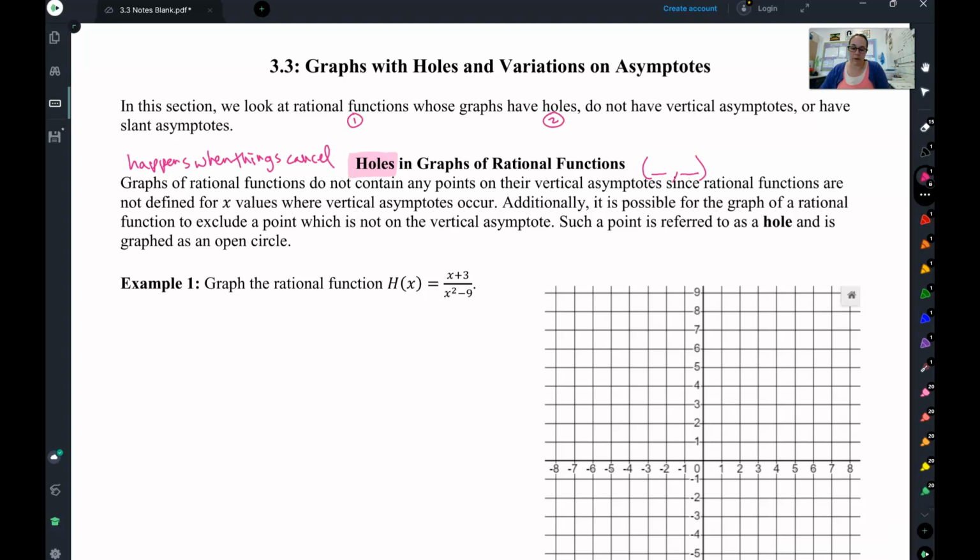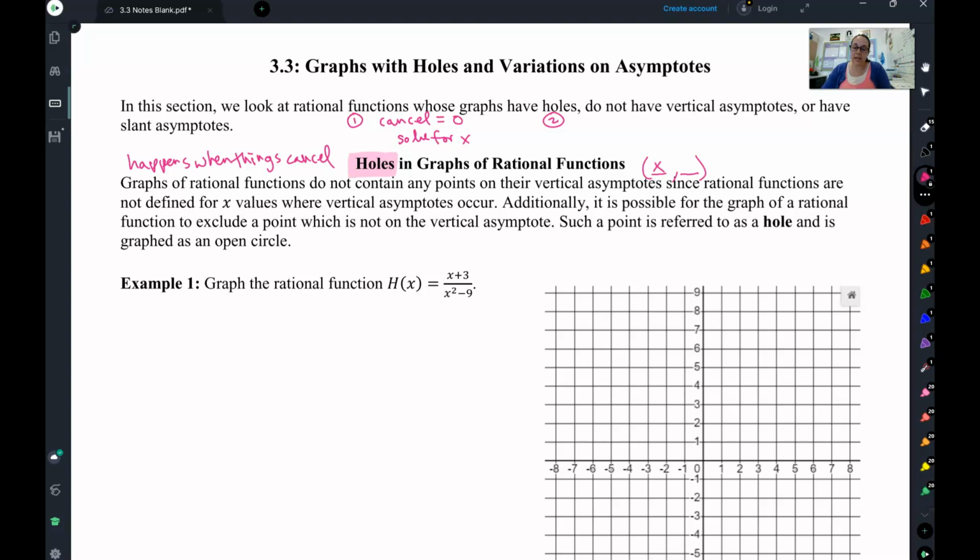You start by taking whatever you canceled on top and bottom, and you set that thing equal to 0 and solve for x. That's going to give you the x value of your hole.